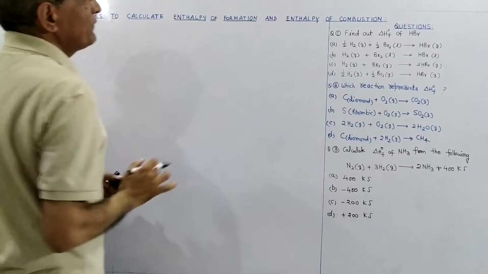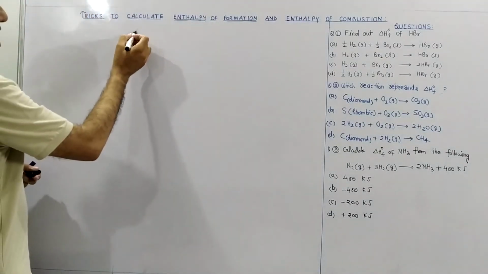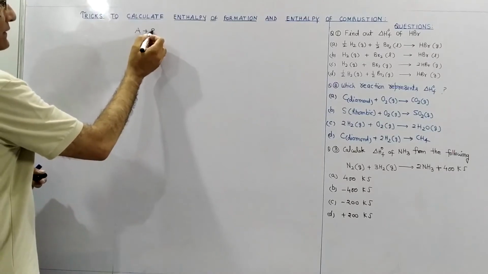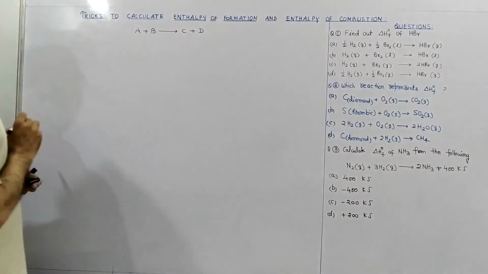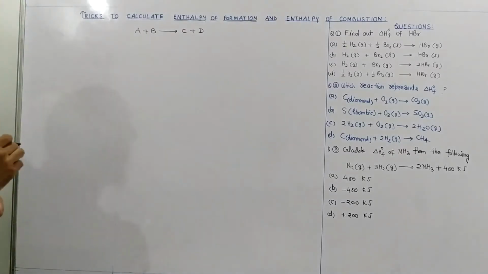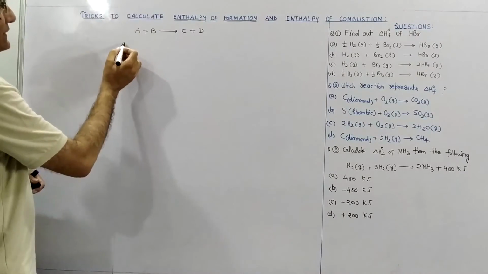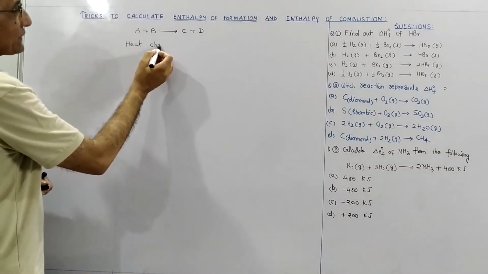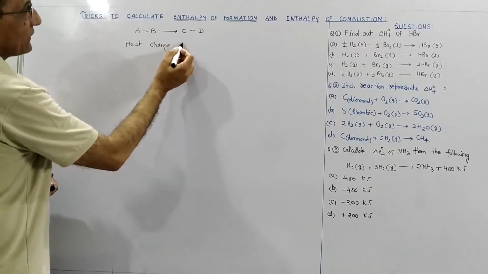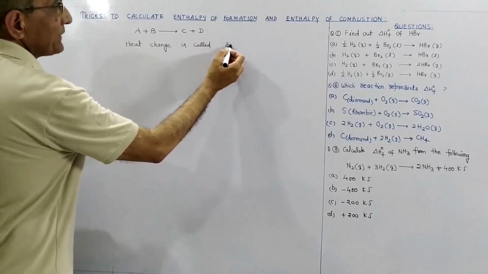and enthalpy of conversion. Suppose there is one chemical reaction A plus B gives C plus D. Now, if this reaction takes place in normal condition, then the heat change in normal condition is called enthalpy change.